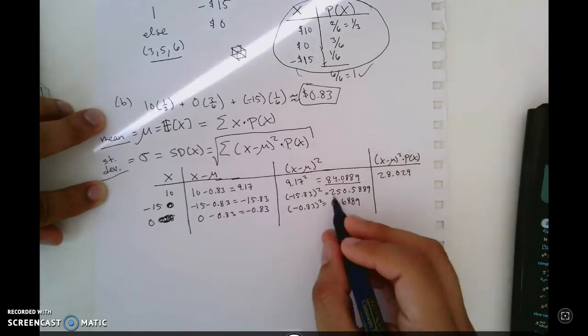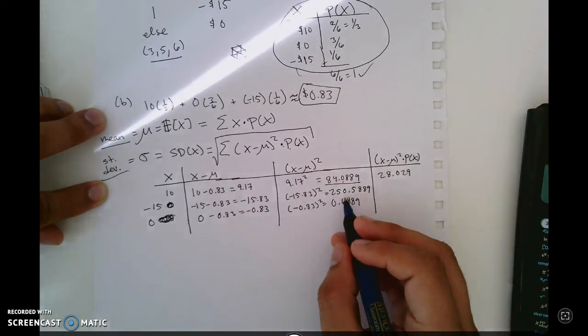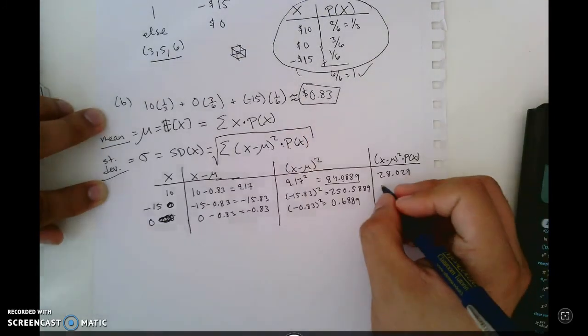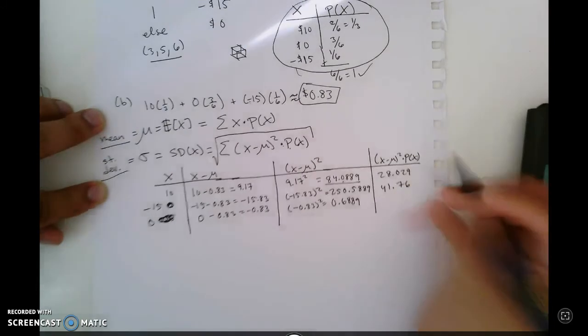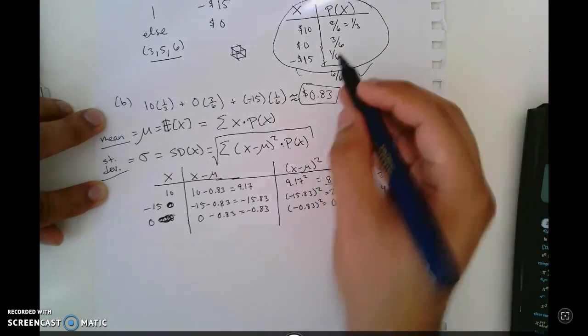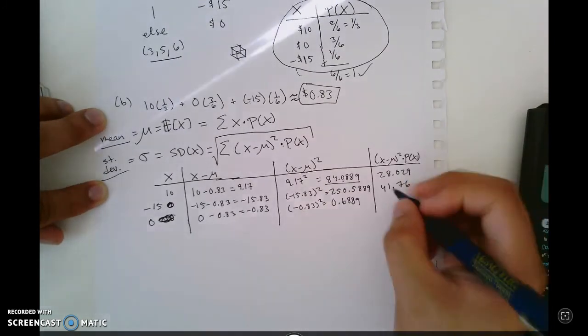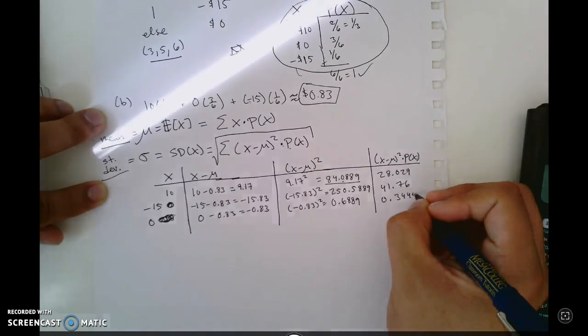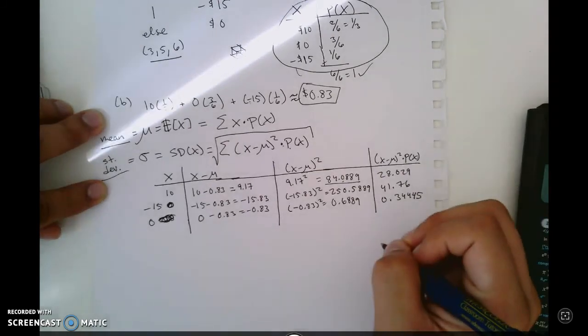When I multiply this 250 times the 1/6, I'm going to get 41.76. And when I multiply this times the 3/6, I'm going to get 0.34445.